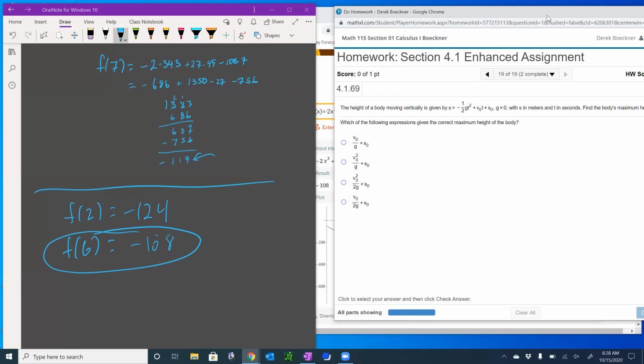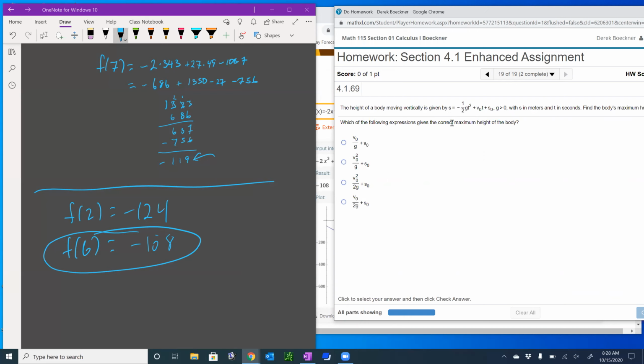Okay, so you've got this function, and it's given as a function of time. G is a constant, S is meters, and T is in seconds, right? So the height of a moving body at a certain time. Which of the following expressions gives the maximum height of the body? None of these have T in it, so you're thinking originally that S and T are my variables.